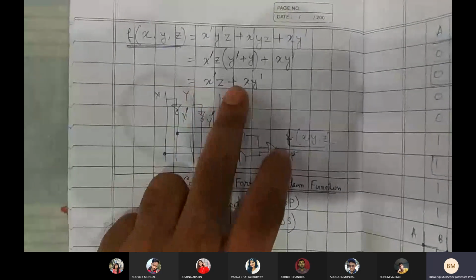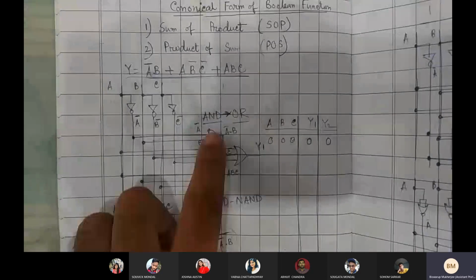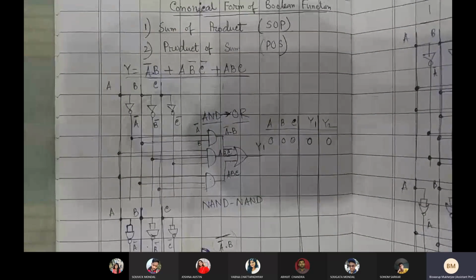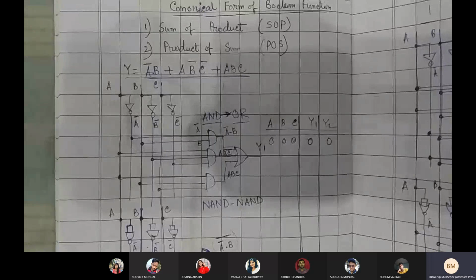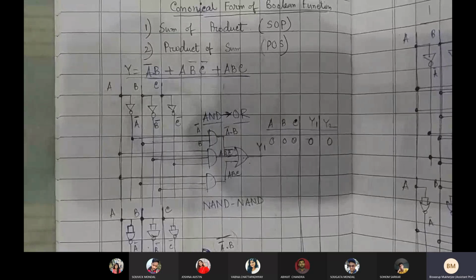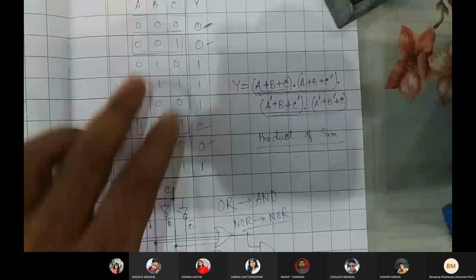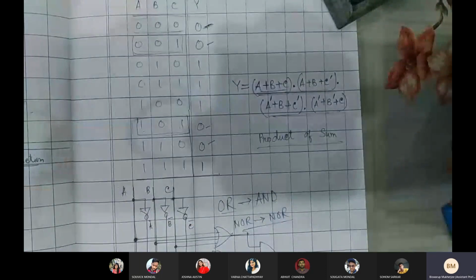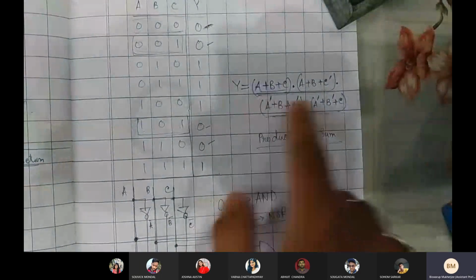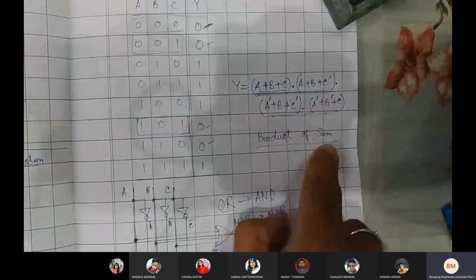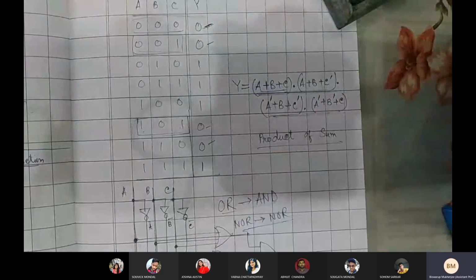These are the sum of product terms. In that case, the circuit is designed by AND followed by OR. That can be replaced by NAND. And if we consider the same way by taking 0, আমরা যদি 0 নিয়ে consider করি, we get the outputs like this. That is product of sum, just the opposite one, the complementary one.